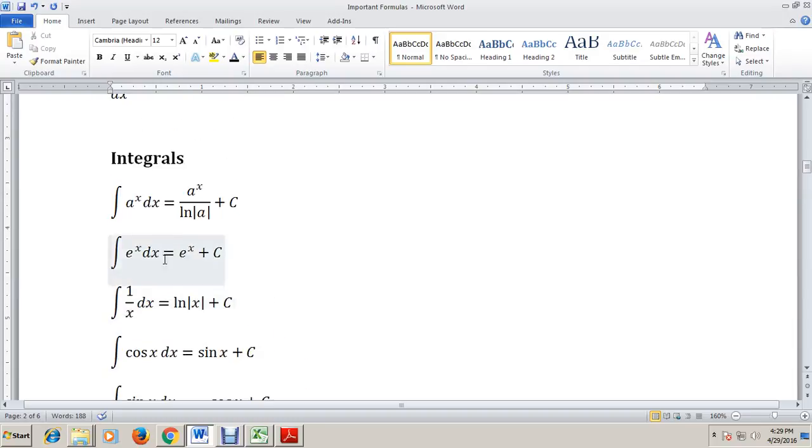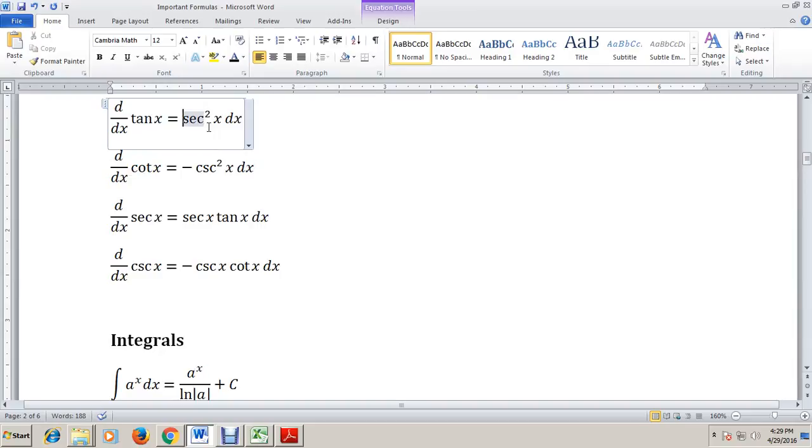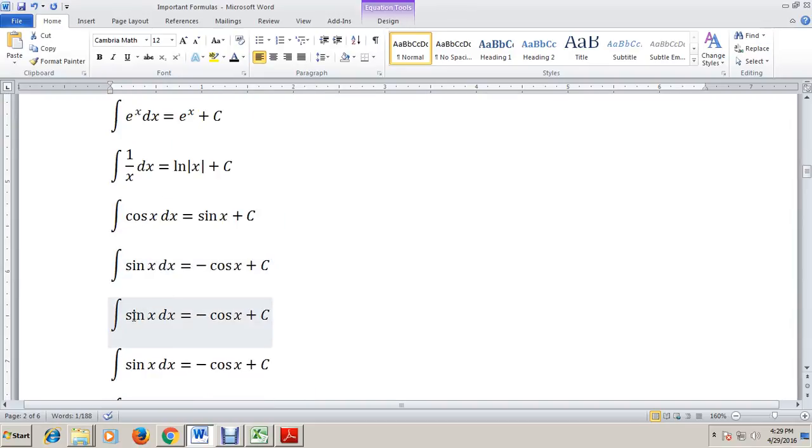If we reverse what we have seen in the list of derivatives, the integral of secant squared x dx should give us tangent x.